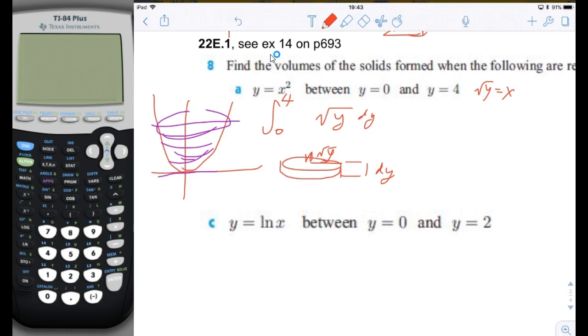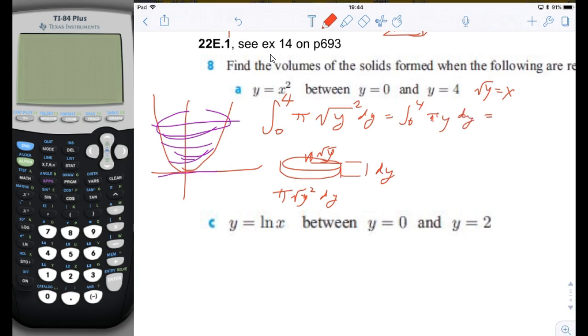So if I wanted to write the equation for the volume of the cylinder, I would put pi square root of y squared times dy. And square root of y squared is just y, right? So if I put pi square root of y squared dy and integrate from 0 to 4, I am actually integrating from 0 to 4 of pi y, because square root of y squared is just y.